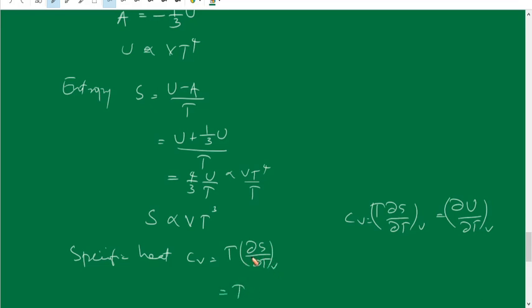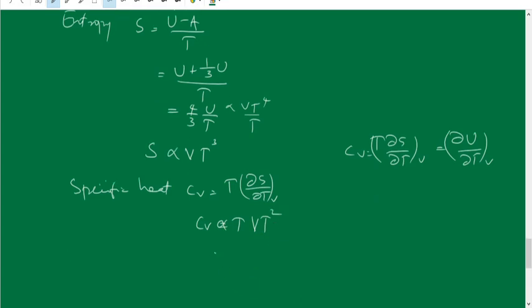So Cv is proportional to T into dou S by dou T, where at constant volume S is V T cube. So the proportionality constant comes here, and T squared it will be. So this can be written as Cv is proportional to V T cube.